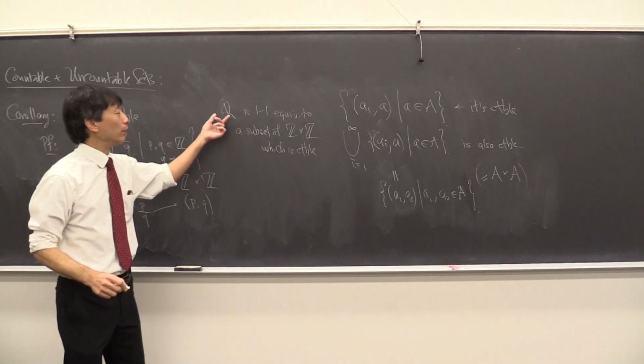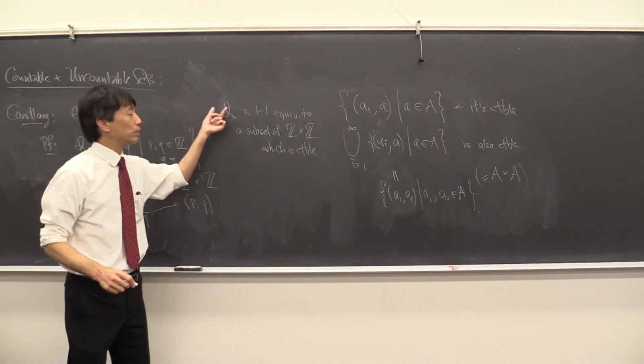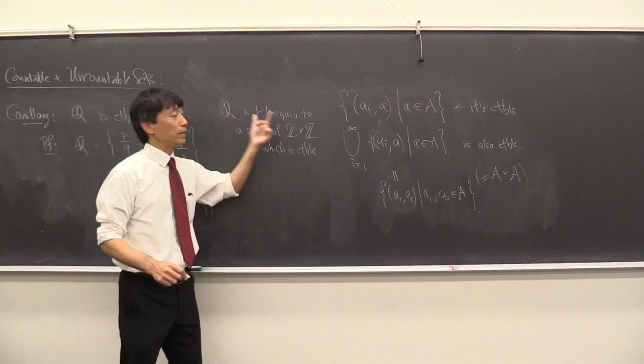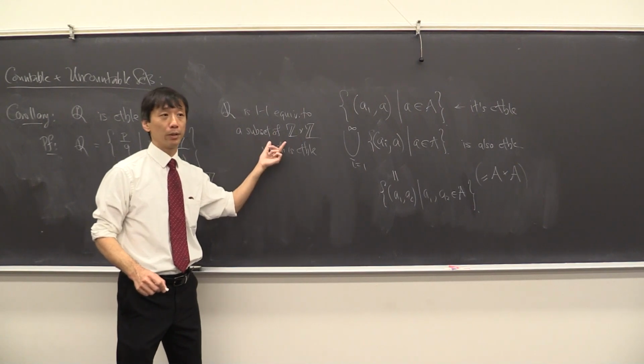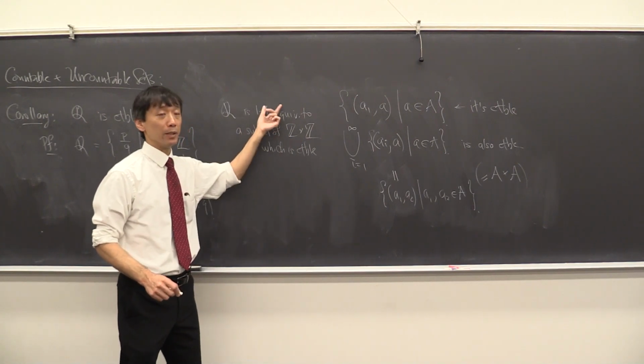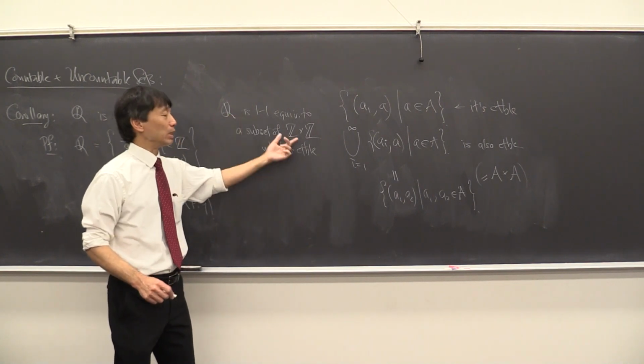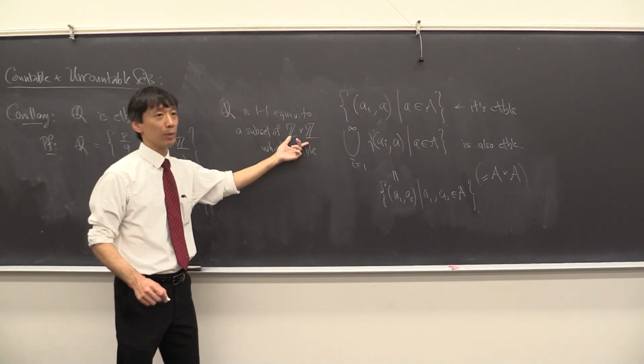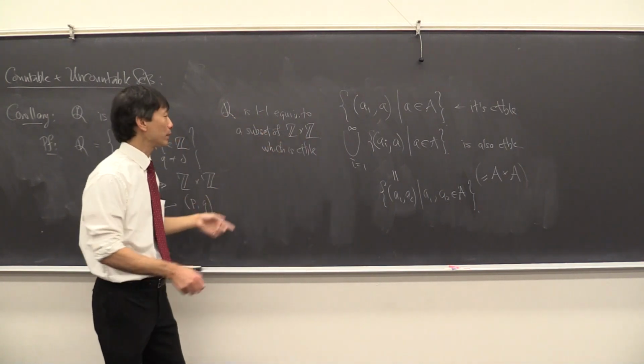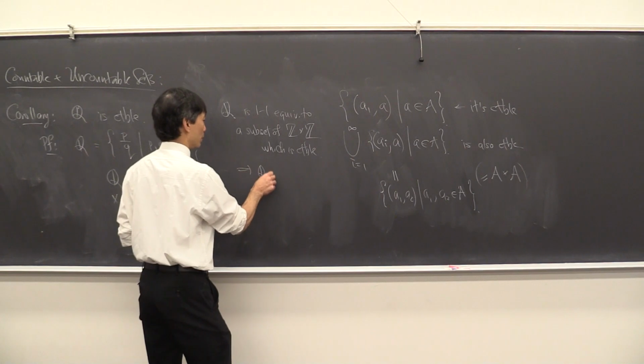In other words, Q sits inside of a countable set. Again, Q is infinite, and sitting inside a countable set means it's either finite or countable. Since it's infinite, it is countable. So Q is countable.